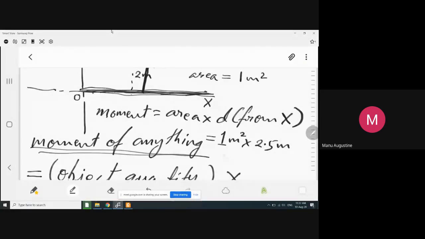So the answer is the moment is 2.5 meter cube. This is the correct answer. So now you have understood the concept of moment of an area. So from now onwards, if I give you any area and an axis, I'm pretty much sure that you would be able to find the moment of that area about any given axis.